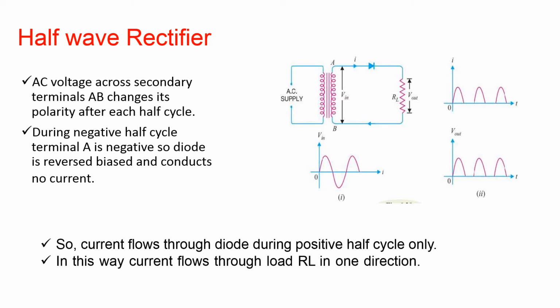Whereas in the negative half cycle, terminal A becomes negative, so the diode becomes reverse biased. It does not conduct and you don't get any output. So current flows through the diode during the positive half cycle only. In this way we can say that the current flows through the load RL only in one direction.